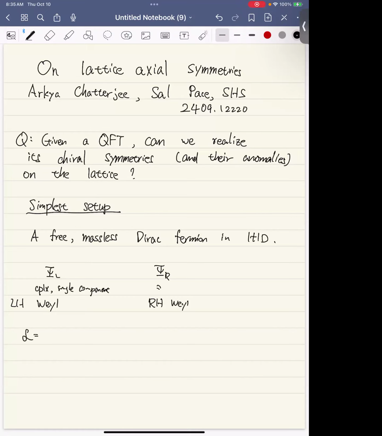And the Lagrangian is simply i psi left dagger, the one we usually use in string theory. Okay, so far so good.